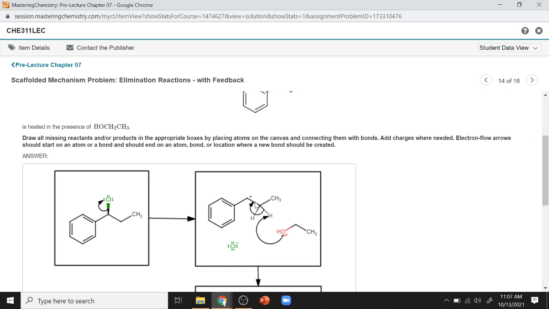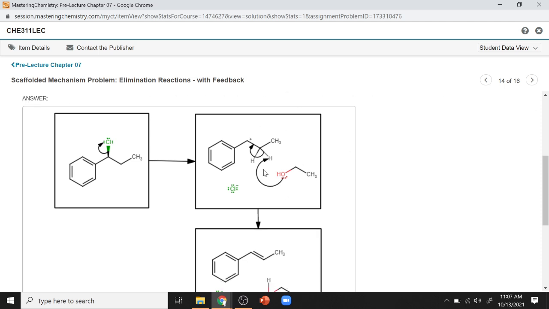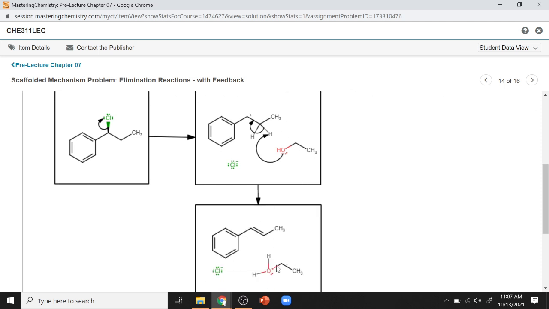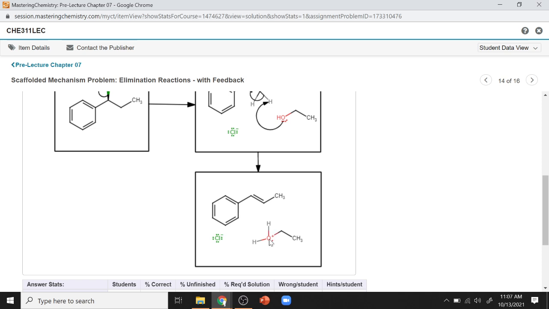That's how you can eliminate something from there, is you always put those electrons into a double bond. So you're saying for an elimination reaction, you're always going to have this bond somewhere to create. Yeah, you've got to make a double bond because you just eliminated something off of it, right? Typically, you've eliminated HCl, HBr, something like that. And so we then have our H2O plus right down here on that ethanol.